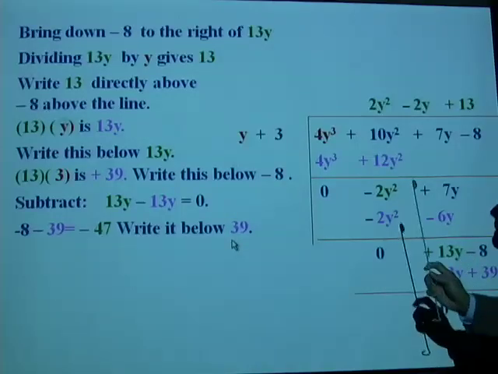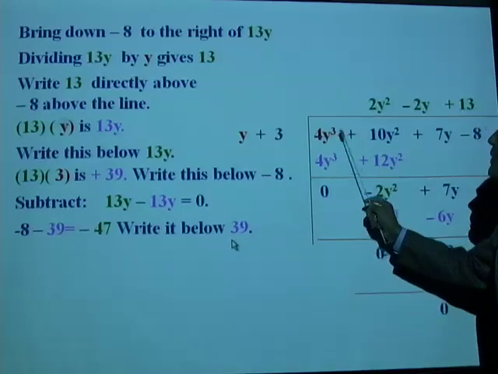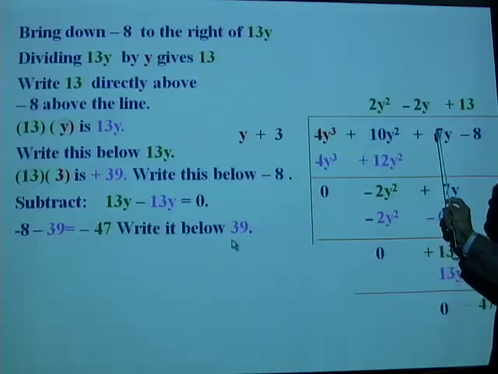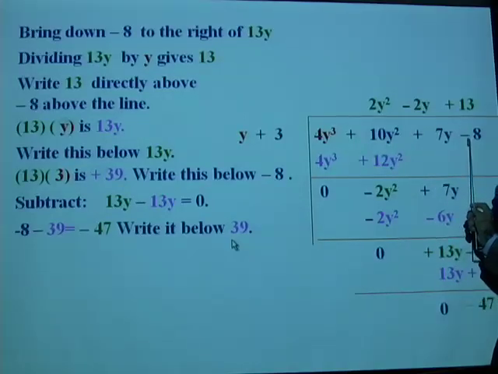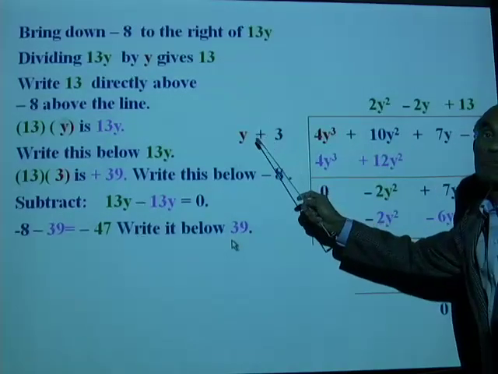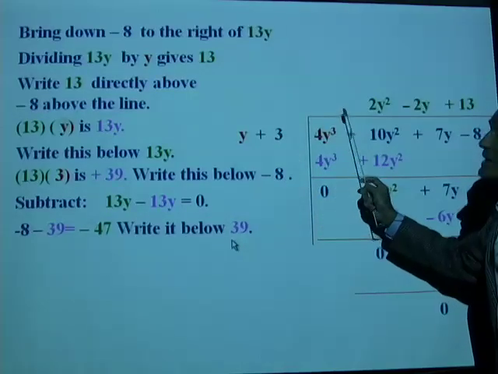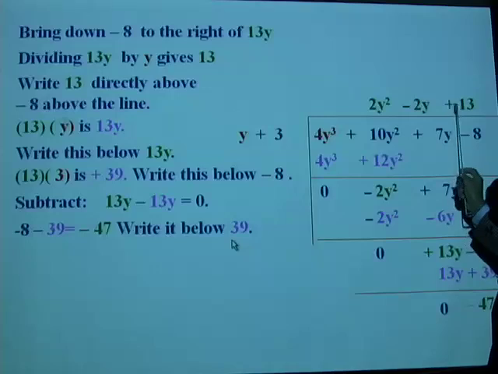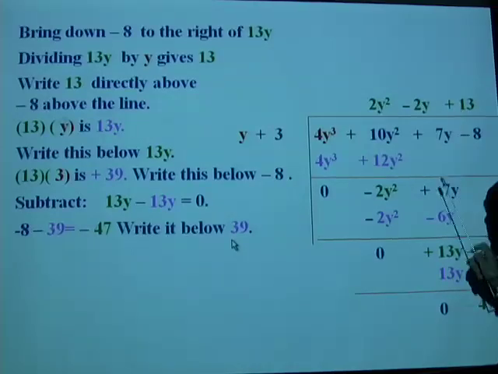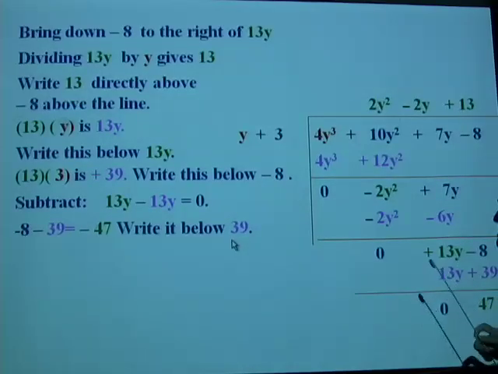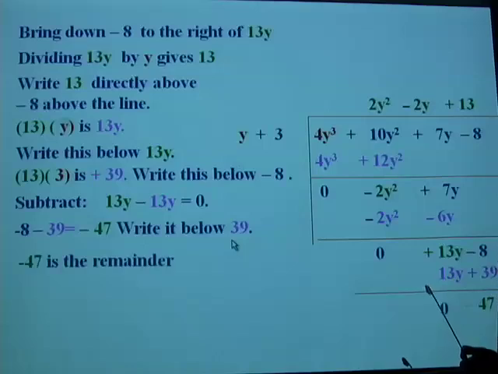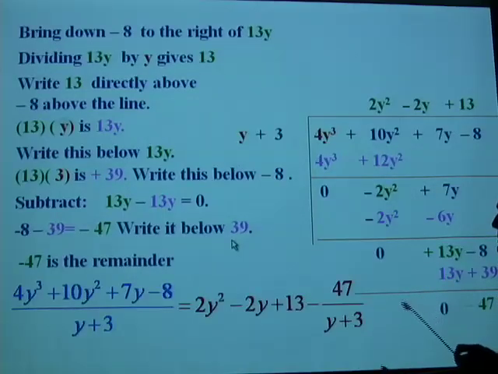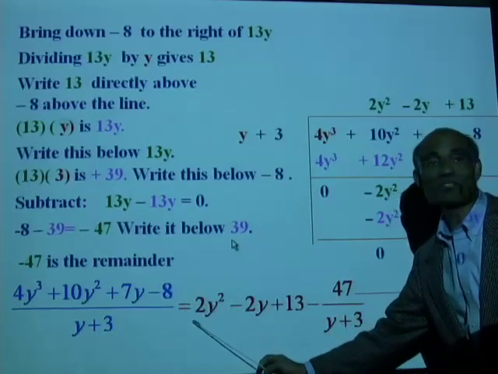And what is the answer? When you divide 4y cubed plus 10y squared plus 7y minus 8 by the binomial factor y plus 3, the result is 4y squared minus 2y plus 13 with a remainder negative 47. And how do we write the result? Look at the way the result is written.